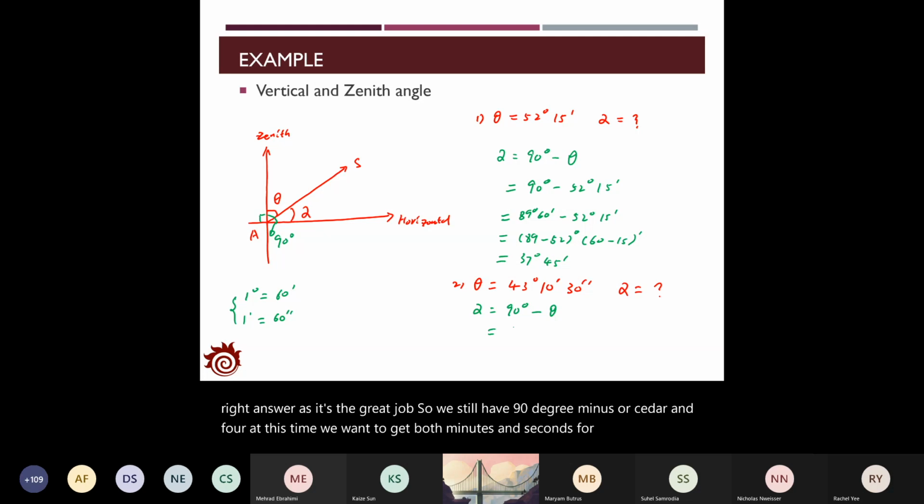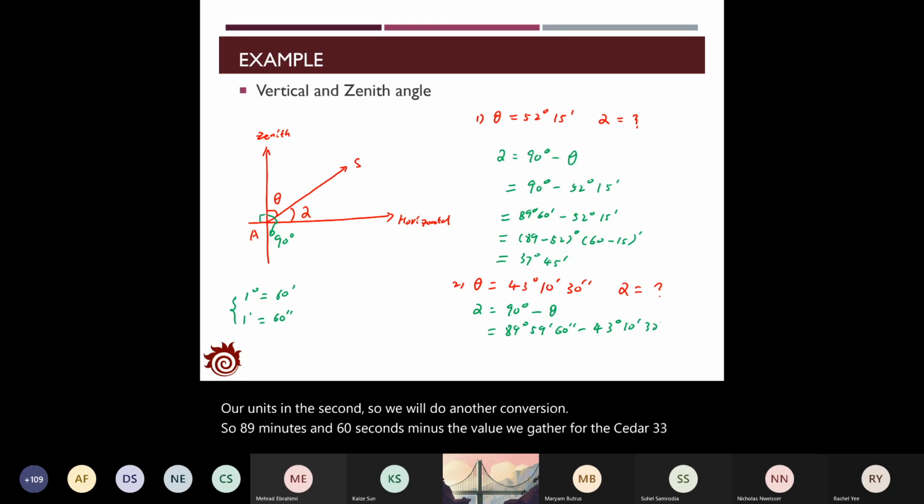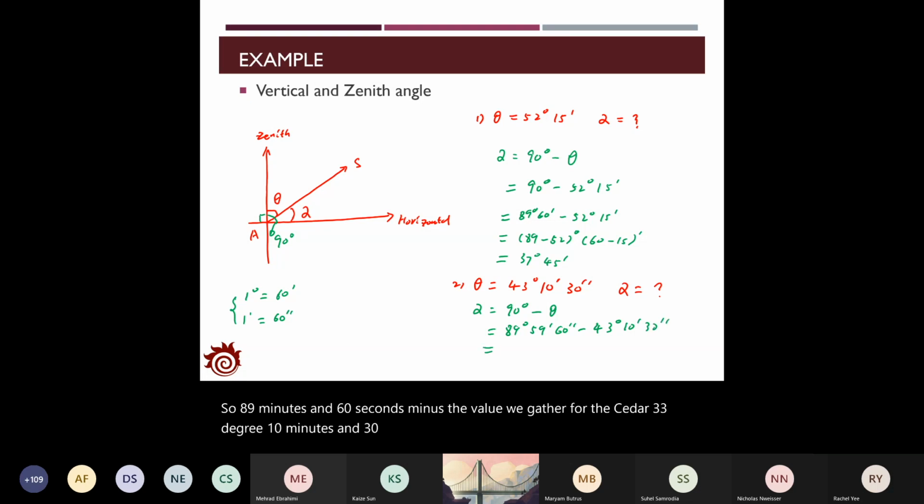So we have 89 degrees and 59 minutes, but we also want some units in seconds, so we do another conversion: 89 degrees 59 minutes 60 seconds minus the value for theta, 43 degrees 10 minutes and 30 seconds. If we do the calculation for each part, the result will be 46 degrees 49 minutes and 30 seconds.